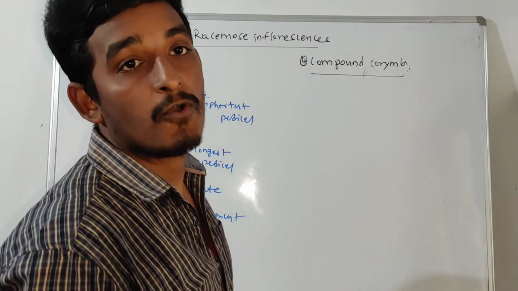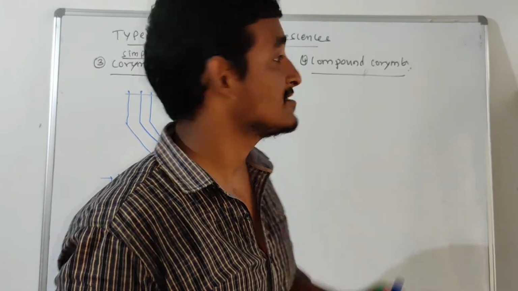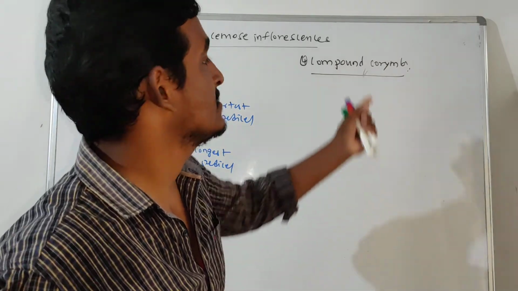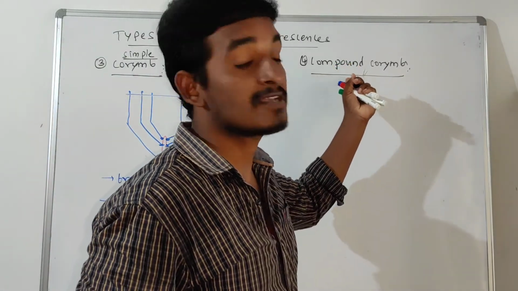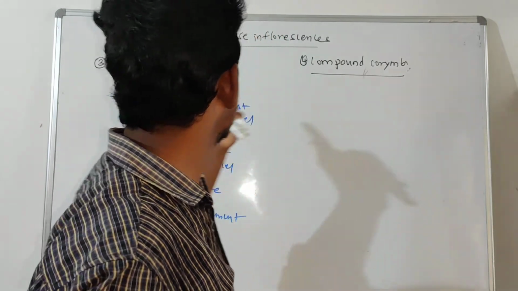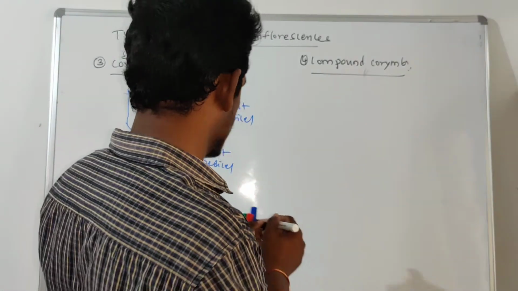What about compound corymb type of inflorescence? Here the compound corymb inflorescence is similar to a simple corymb. So what is the difference? The main difference is that it produces branches. Each branch in a compound corymb is similar to a simple corymb inflorescence, right?